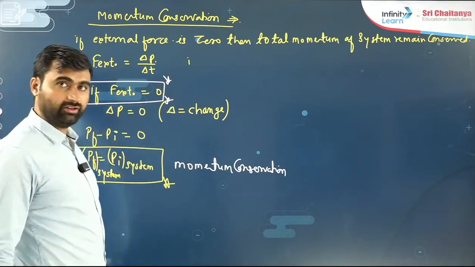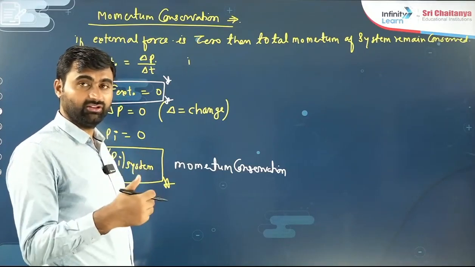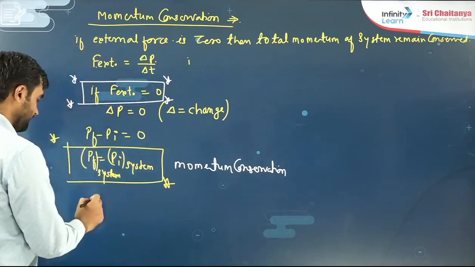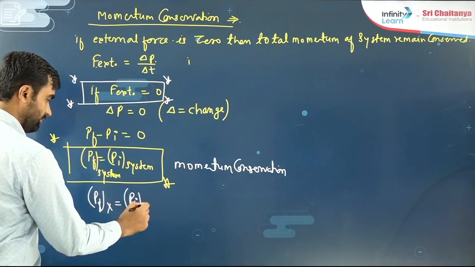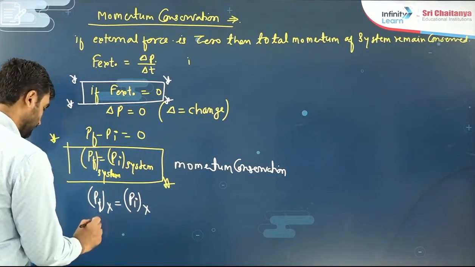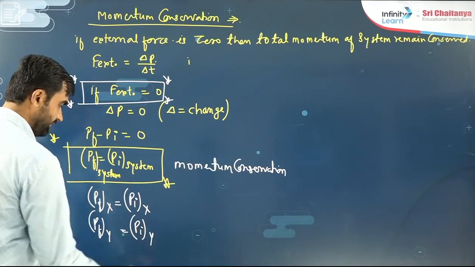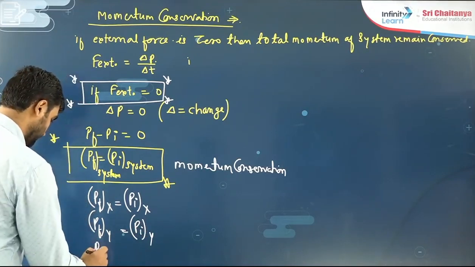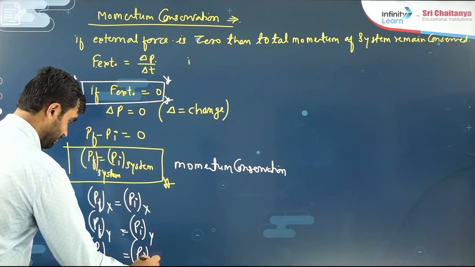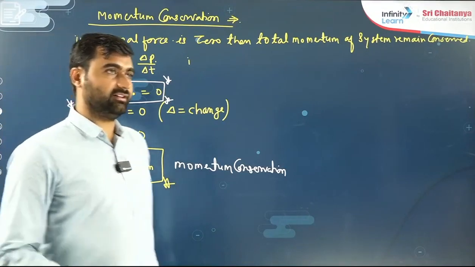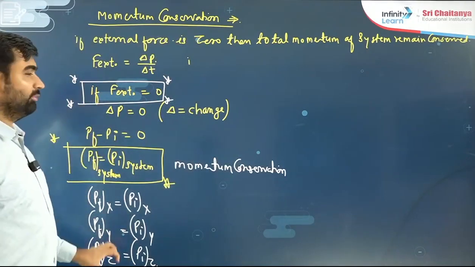Conserved means final equals initial. If you take general motion, where motion is in xyz direction, you can say final momentum in x direction equals initial momentum in x direction, final momentum in y direction equals initial momentum in y direction, and final momentum in z direction equals initial momentum in z direction. You can break it like this. Is it clear to all of you? Understood? So we understood momentum conservation.